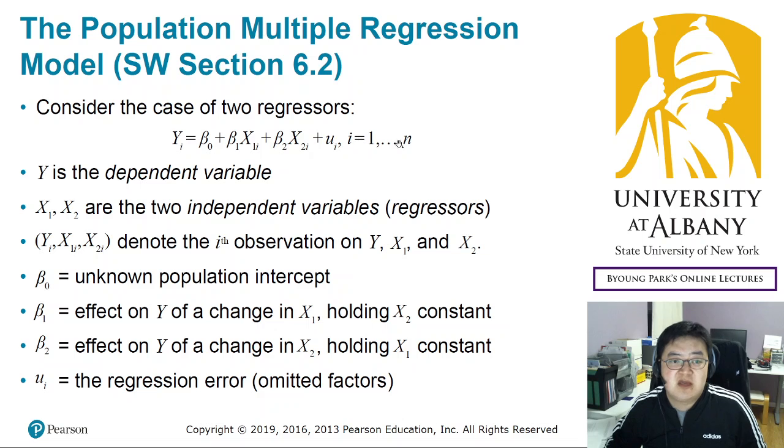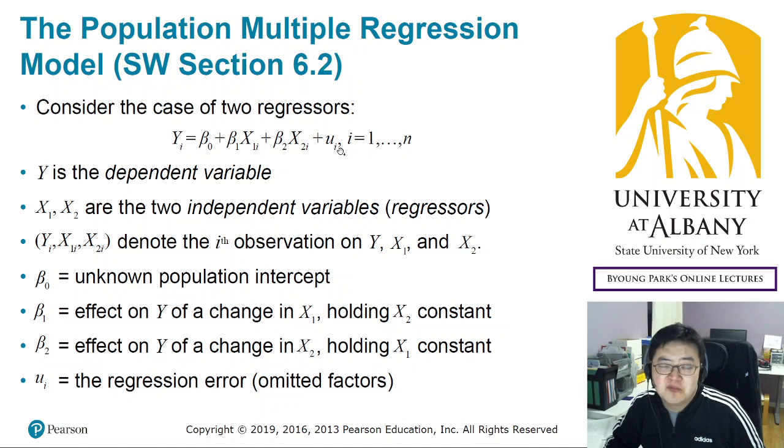The two regressor case can be written in this way. With the single regressor case, the ith observation of y equals an intercept beta 0 plus slope beta 1 times x1i, plus an error term. That was the regression model for the one regressor case.